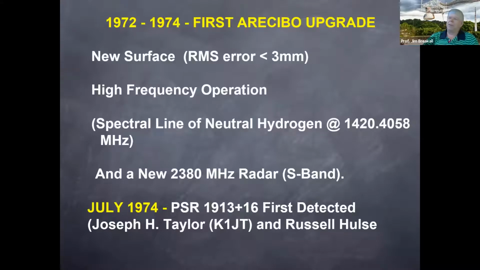So with this upgrade of the surface, the new surface basically conformed to a spherical surface. Remember, the whole reflector is 305 meters in diameter, but it had an RMS error of less than 3 millimeters over that whole surface.